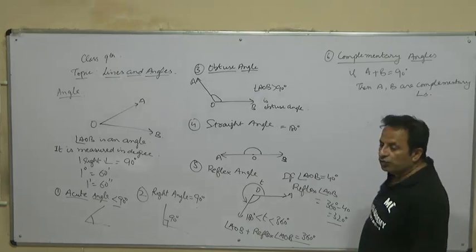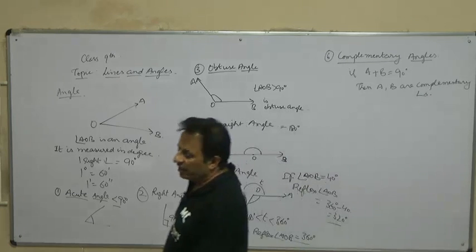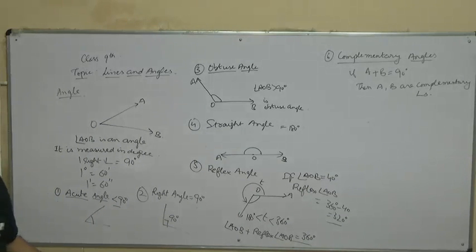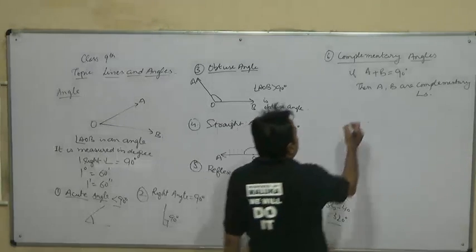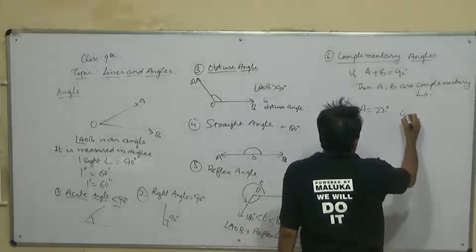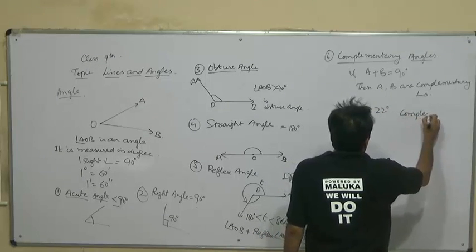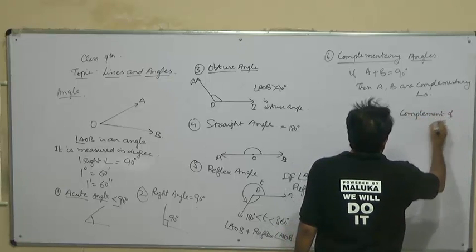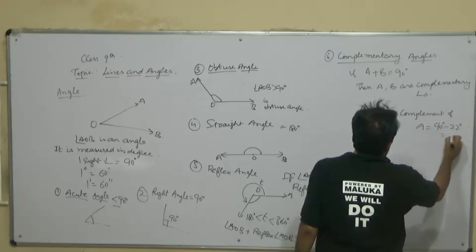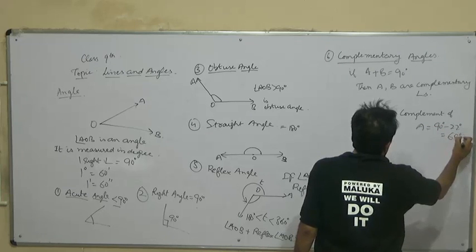So if you want to find the complement of any angle, what we do, we will subtract that angle from the 90 degree. For example, if angle A is equal to 22 degree, then complement क्या हो जाएगा? Complement of A, it will be 90 minus 22, it will be 68 degree.